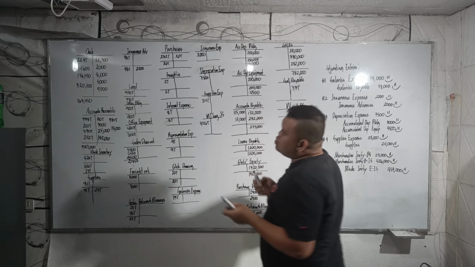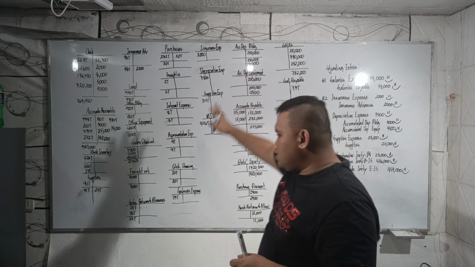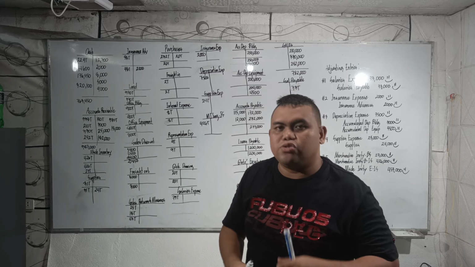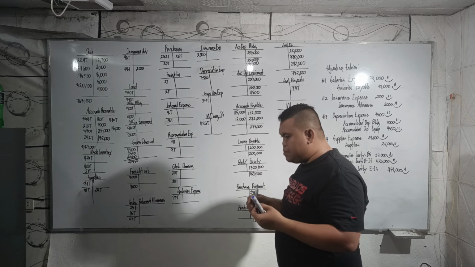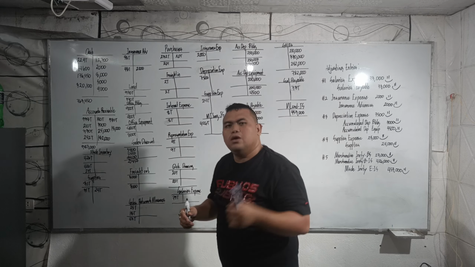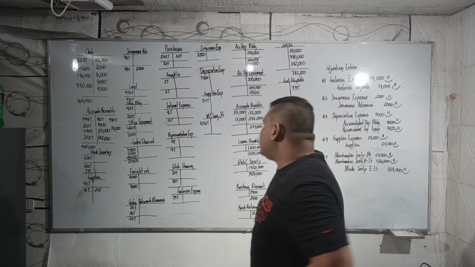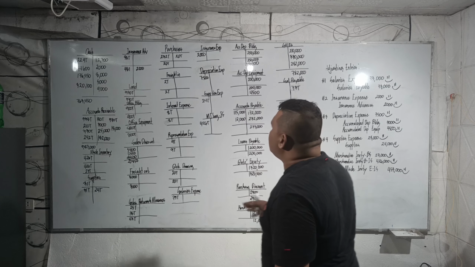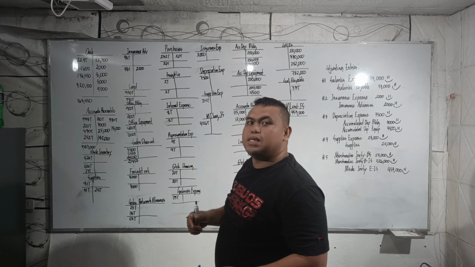So earlier, when we did not yet post this, what is reflected on the T accounts are the unadjusted balances. Because if you remember, on our first posting to the ledger, we did not post the adjustments. Okay? But this time, since we posted these adjustments, the balances right here will become the adjusted balances.